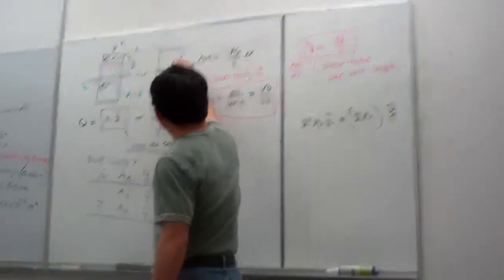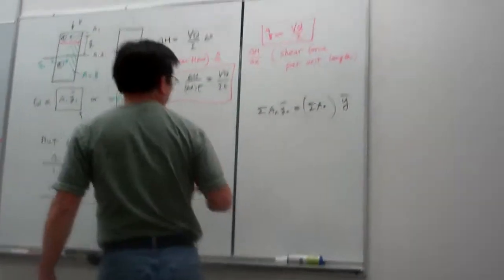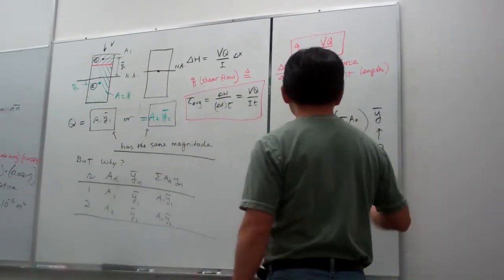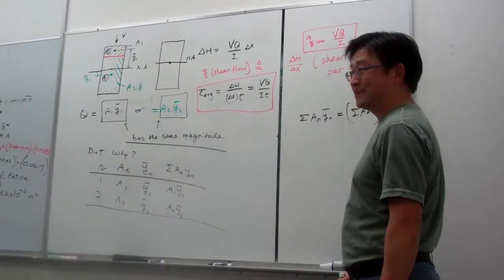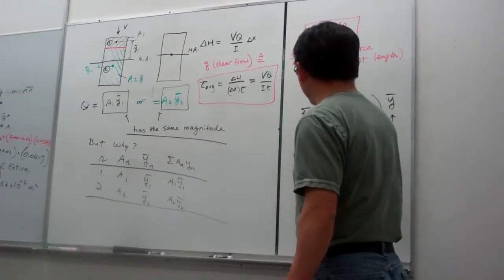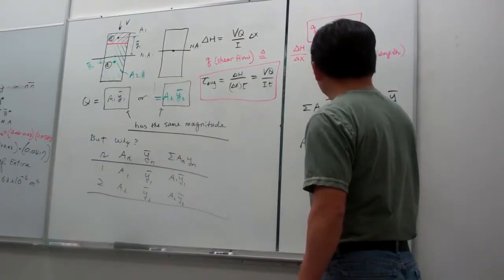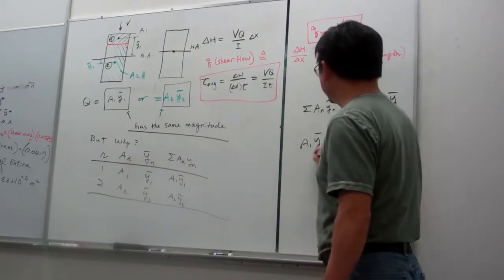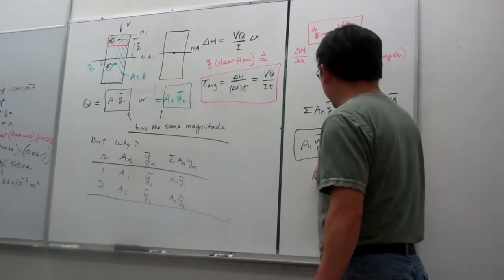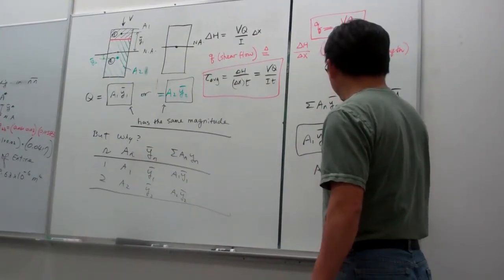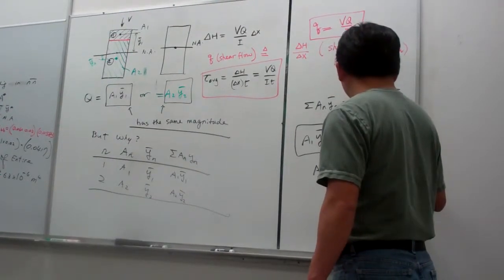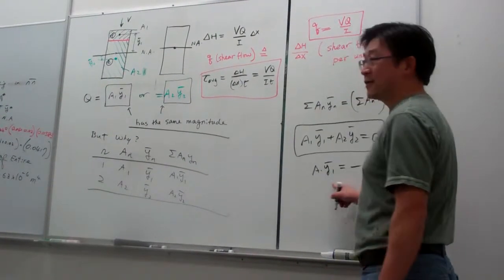For this case, the centroid is here, which is 0. So A1 Y1 bar plus A2 Y2 bar equals 0. That means A1 Y1 bar equals minus A2 Y2 bar, but their magnitudes are the same.